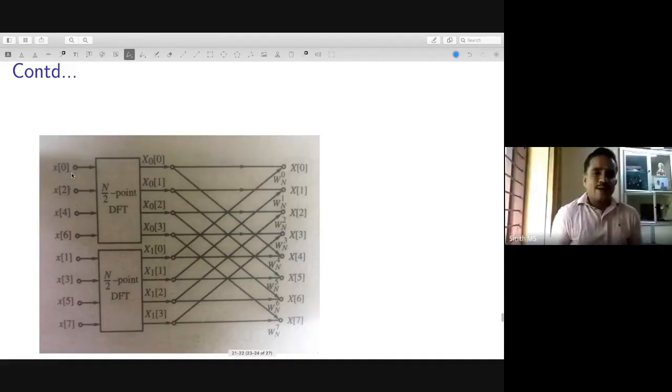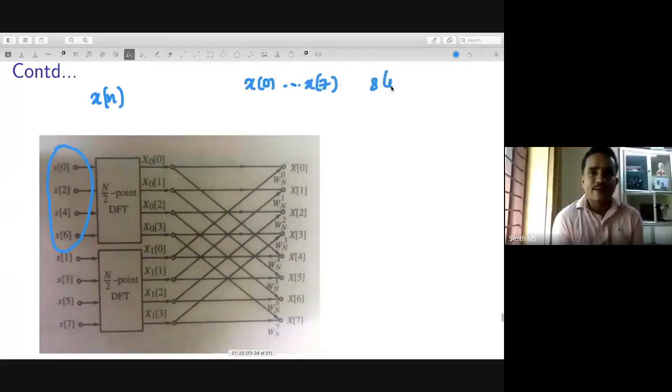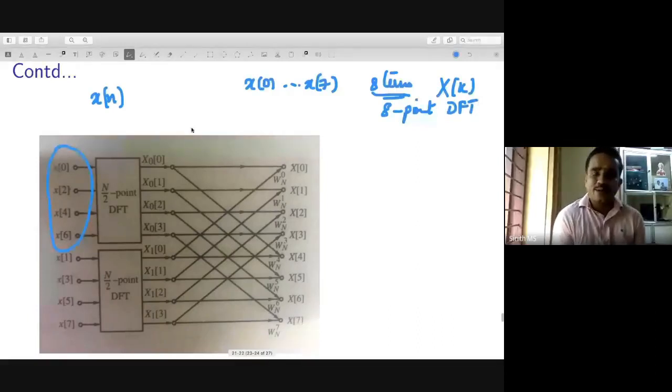So coming back, what you do is split your whole x(n) terms into odd and even terms. So these are the even terms, x0, x2, x4, x6. Suppose that you have values from x0 to x7, 8 terms. Normally, to find X(k) you'll find the 8-point DFT, right? Instead of finding the 8-point DFT, you are splitting your x(n) into even and odd terms.